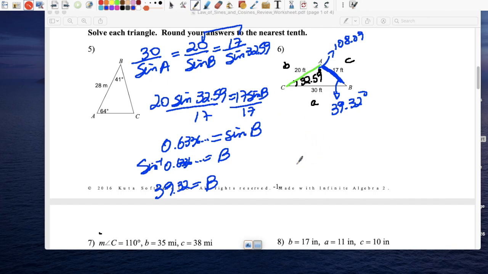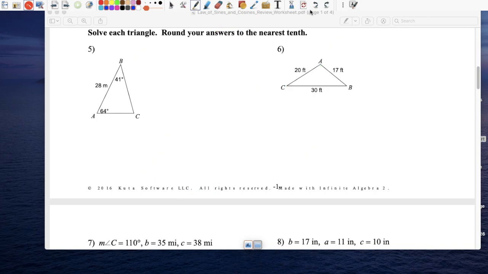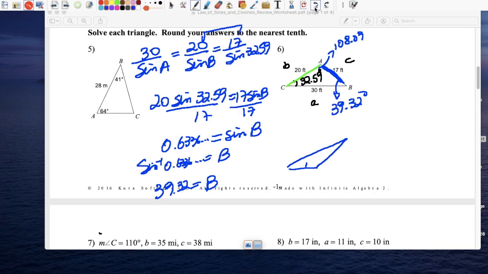This would be 140.68. This is still 32.59.